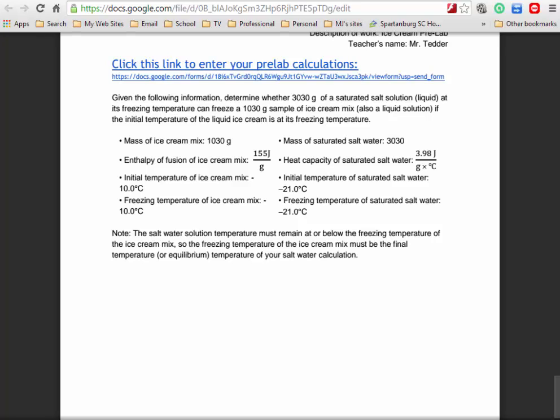The enthalpy of fusion of the ice cream mix, that's the delta H term, is 155 joules per gram. The heat capacity of the water, that's the C sub P term, is 3.98 joules per degree C per gram, or per gram per degree C. Doesn't really matter mathematically which one.